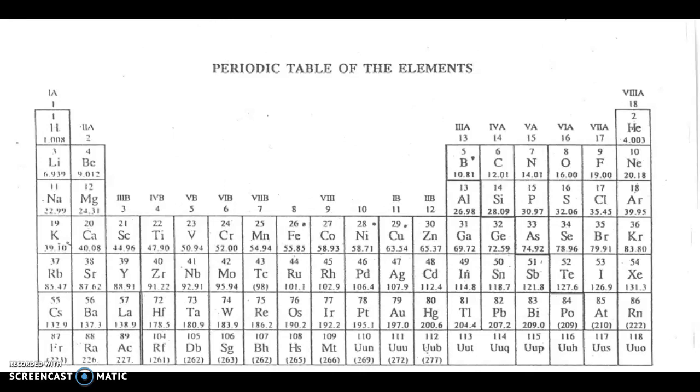B3+ would become boron ion. Al3+ would become aluminum ion. So think about this: what would the name of K+ be? Potassium ion. Good.